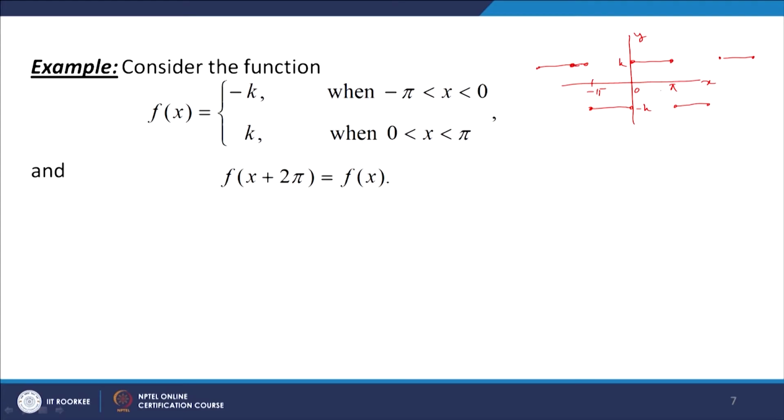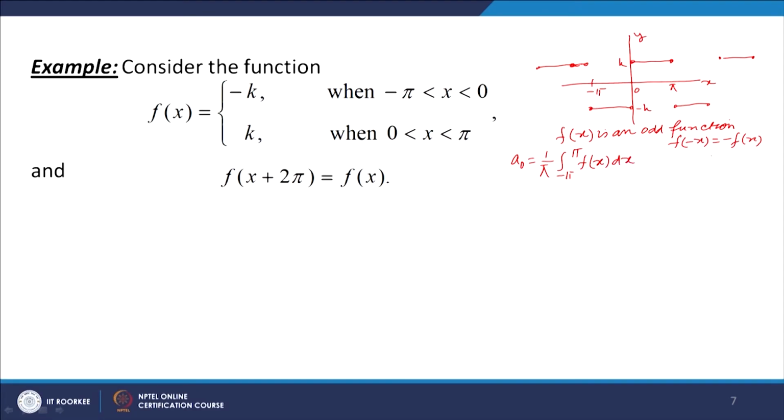So, you can see that this is an odd function. f(x) is an odd function here, that is, f(−x) = −f(x). If you look at Euler's formulas, from the formula for a_0, a_0 is equal to (1/π) ∫ from −π to π of f(x) dx.